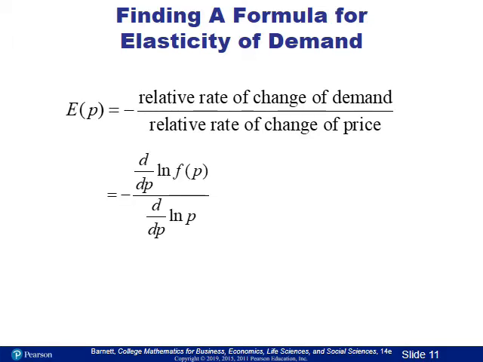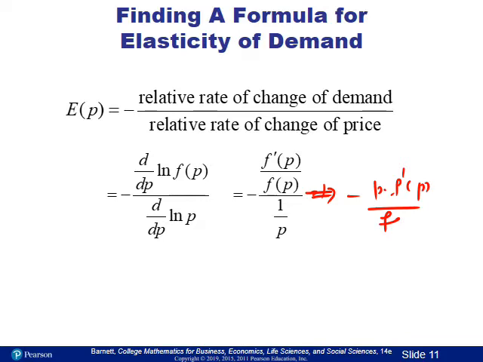Here it will take this form, and if we solve this, we can further write it in this form, and the ultimate formula will become minus p times f dash of p over f of p.